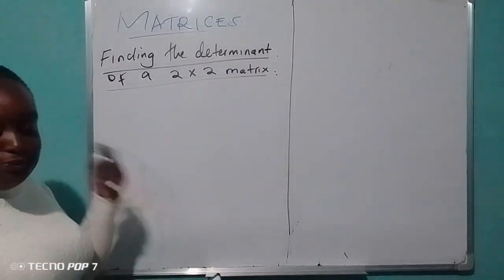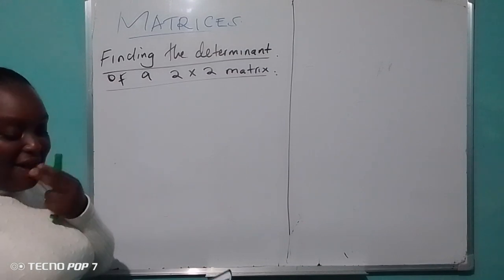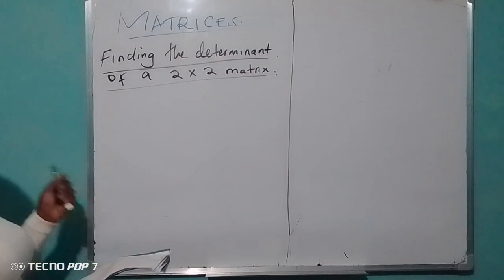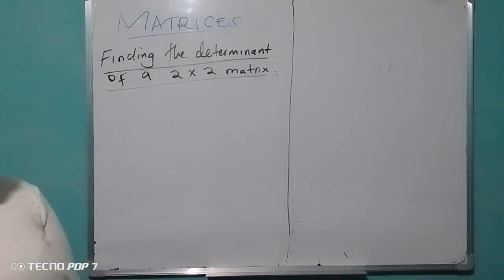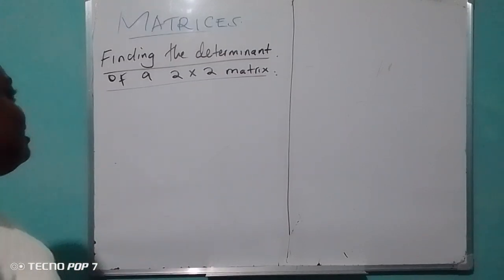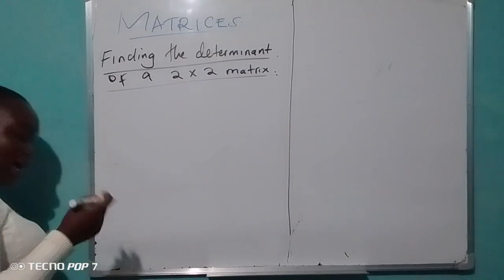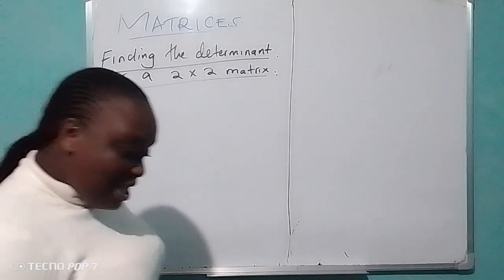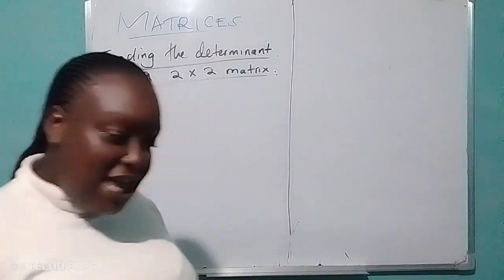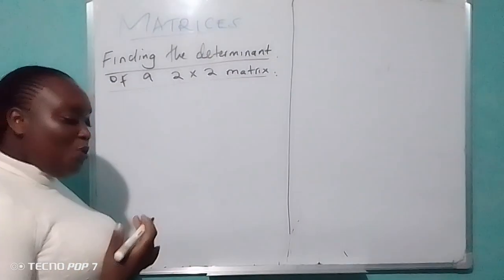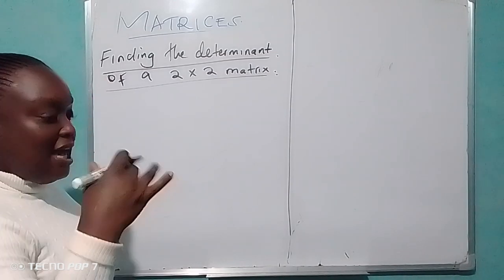So how do we find the determinant? The determinant is found by subtracting. We will have to know the leading diagonal and the other diagonal.